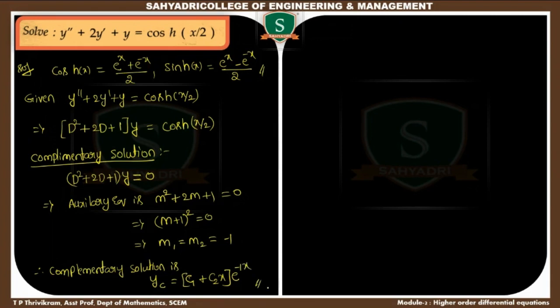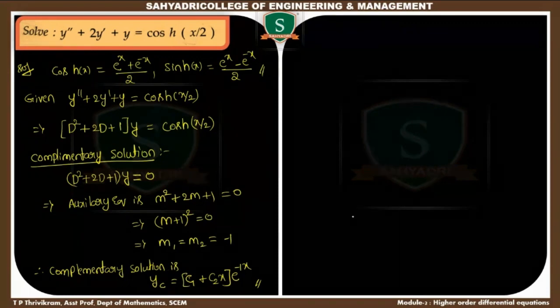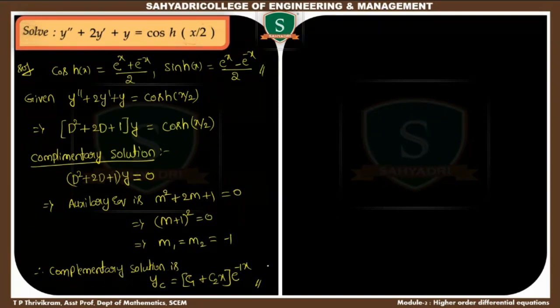So this is your complementary solution. When the root is repeated twice, you write a first degree polynomial. When it is repeated thrice, a second degree polynomial, and it continues like that. Fine?